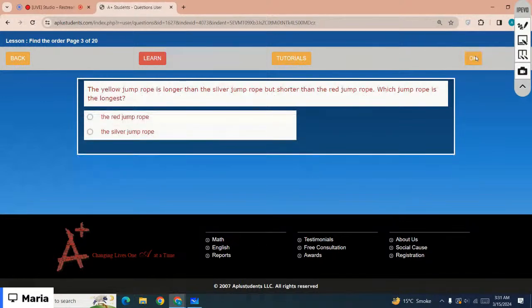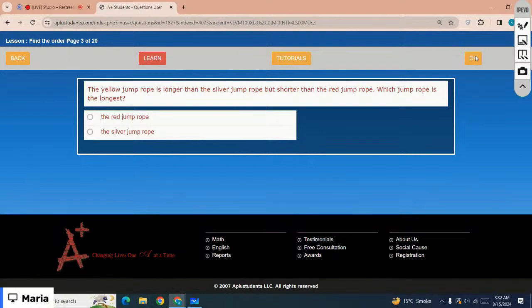The yellow jump rope is longer than the silver jump rope. Which jump rope is the longest? So, which is the correct option? No one is answering the question.